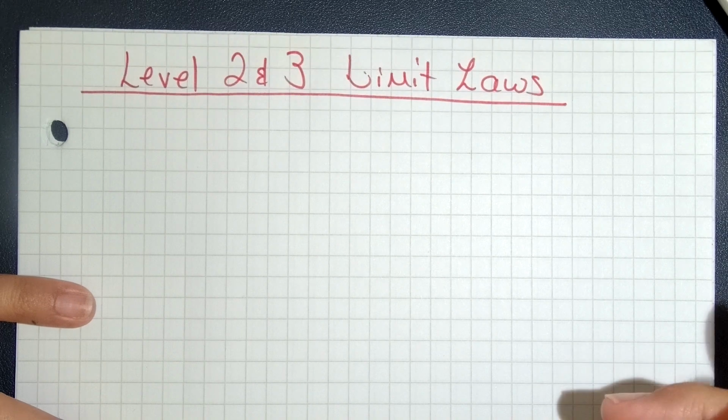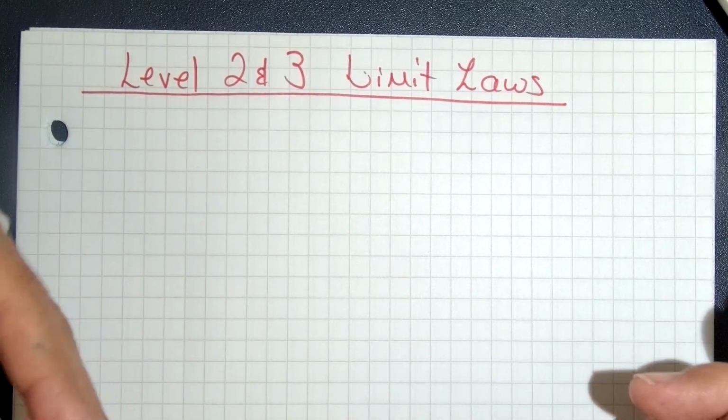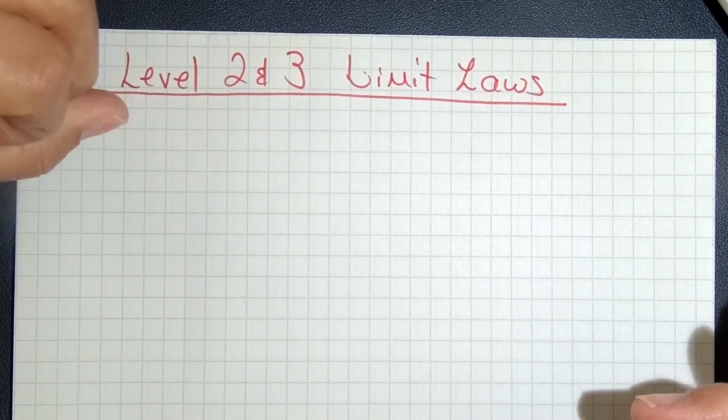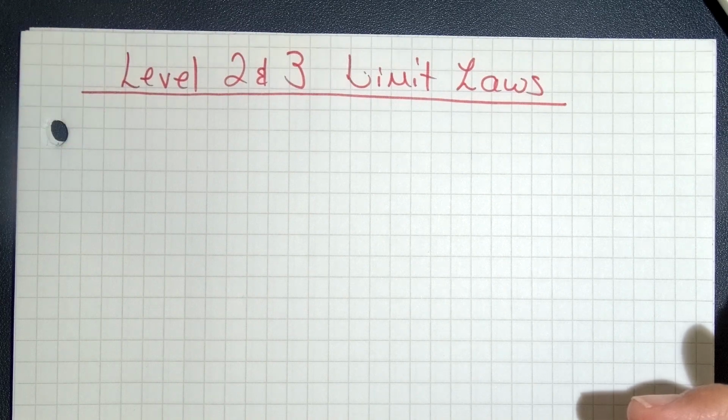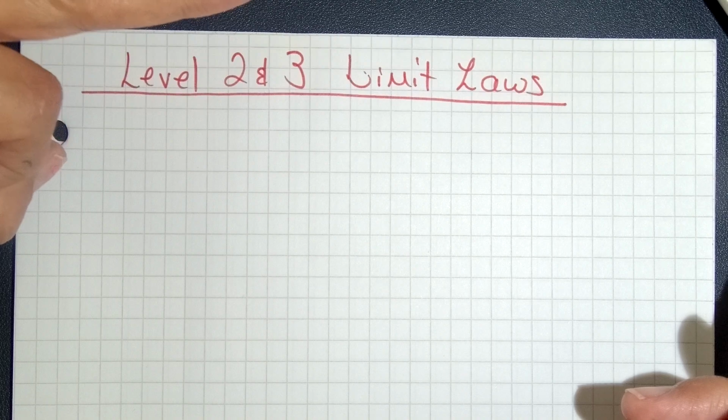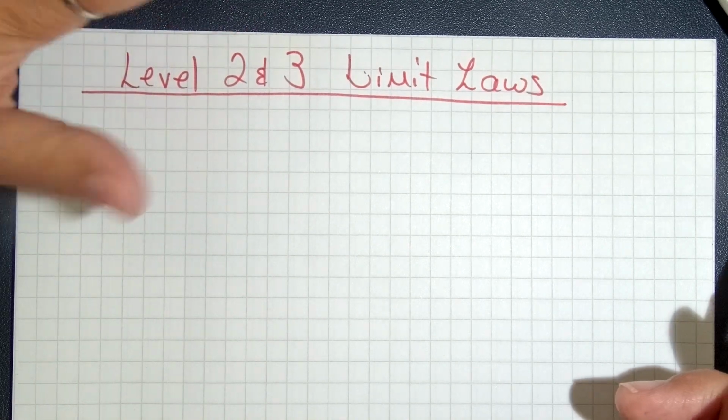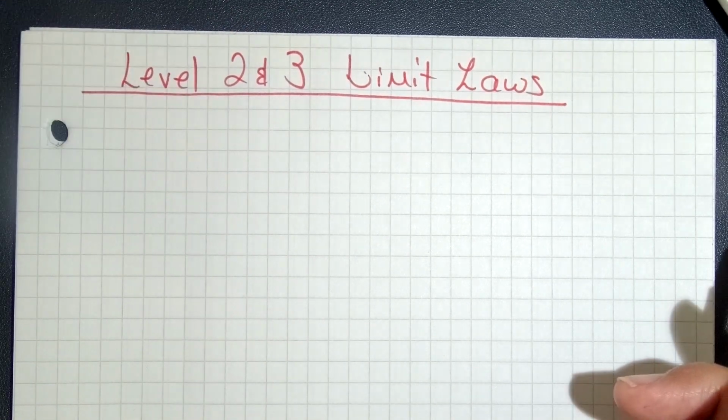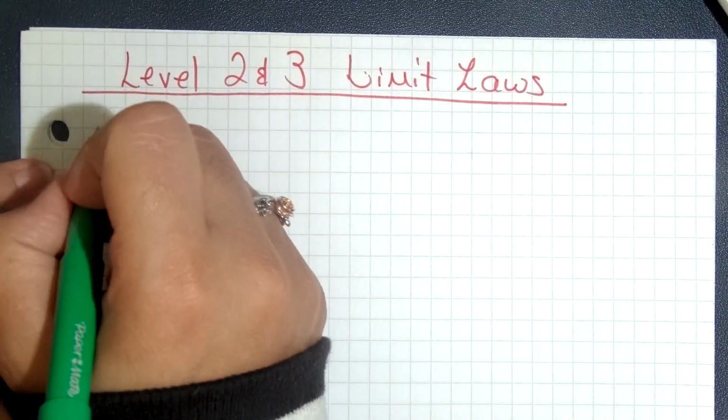We have 5 different laws. So I'm going to give you the name, the law, and an example. No example, just the name and the law. We'll do examples in a second, okay?